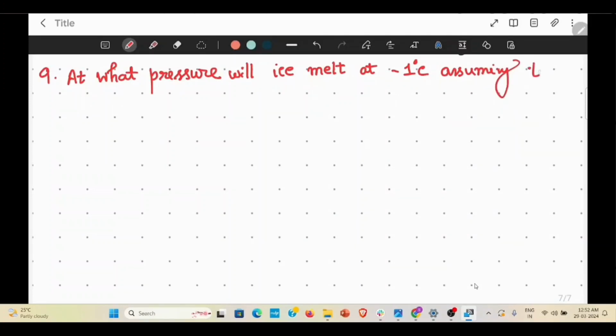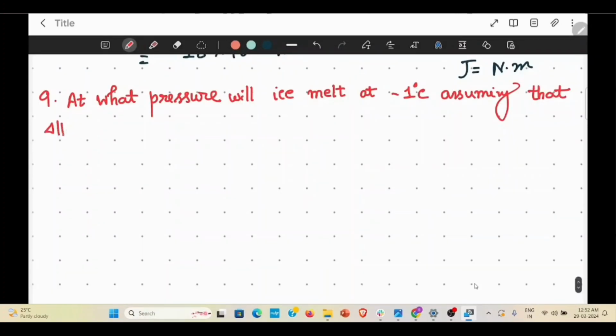Assuming that del Hf, what is del Hf? That means the enthalpy of fusion, right?